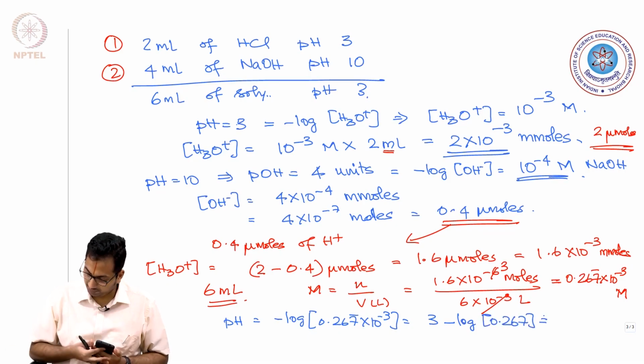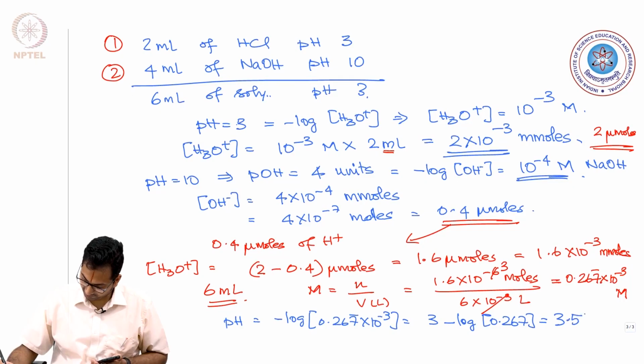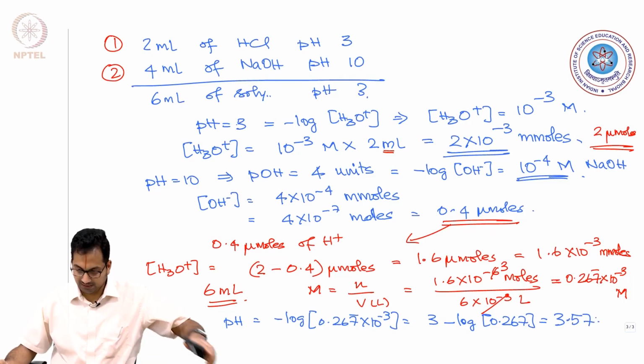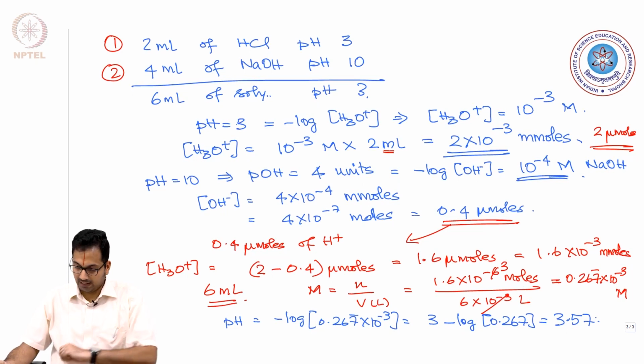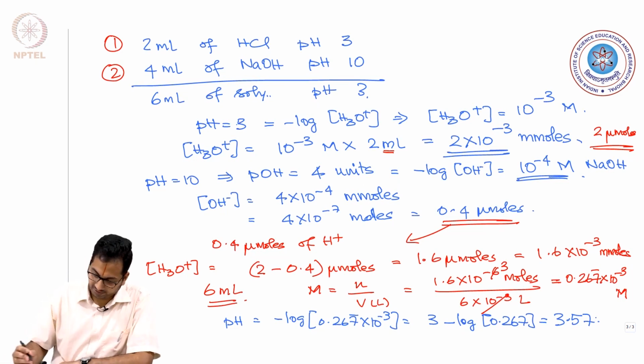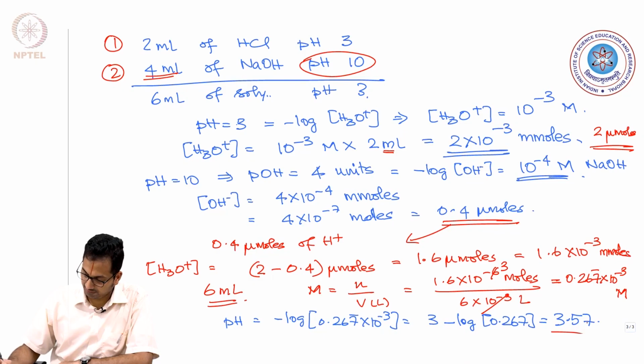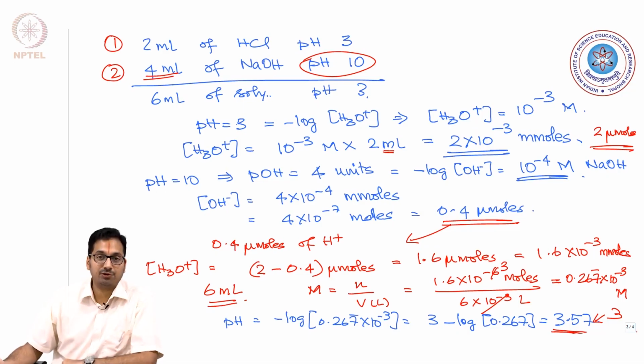This is going to be equal to 3.57 units. So basically what you are able to realize is that by addition of H plus and NaOH, and with the NaOH concentration being a little lower, you are pushing the pH from 3 to 3.57. This example shows what happens when you add a strong acid and strong base at given concentrations.